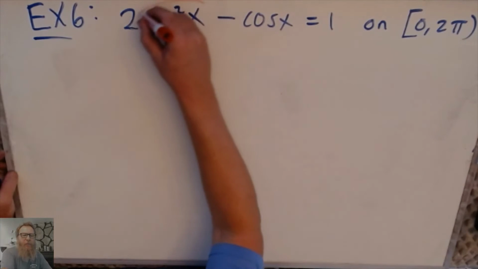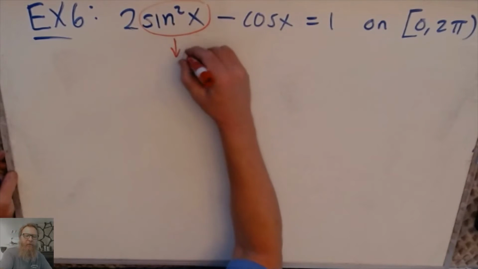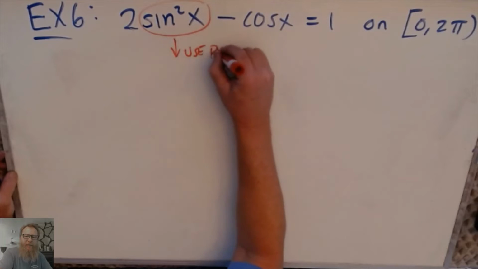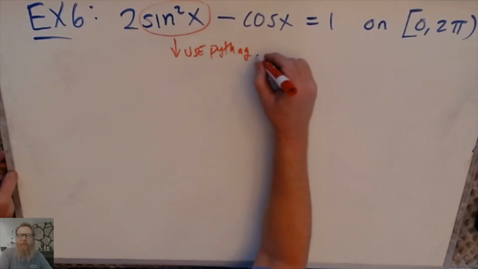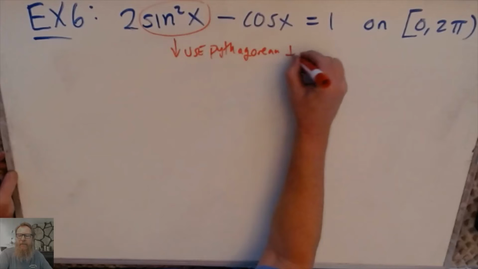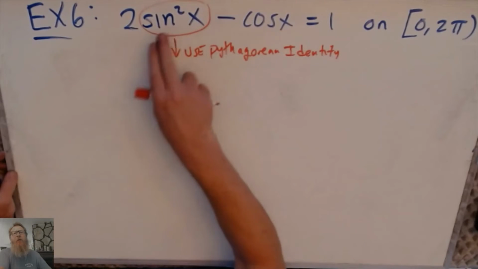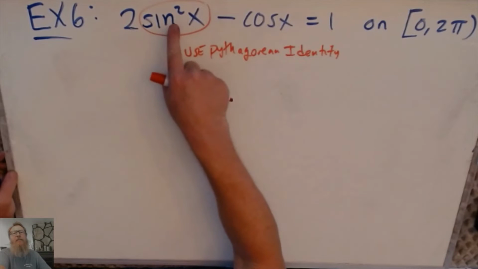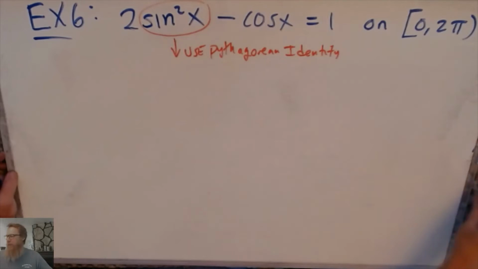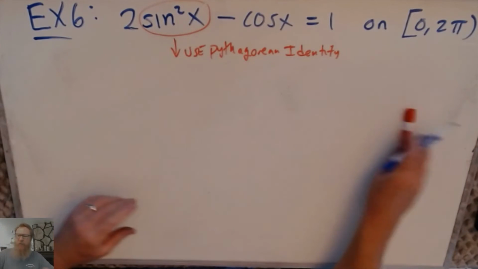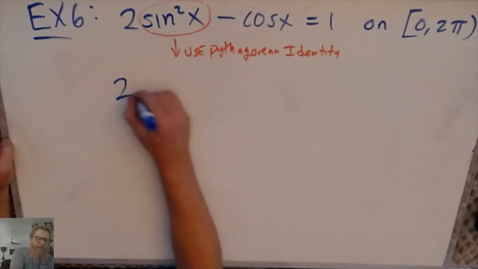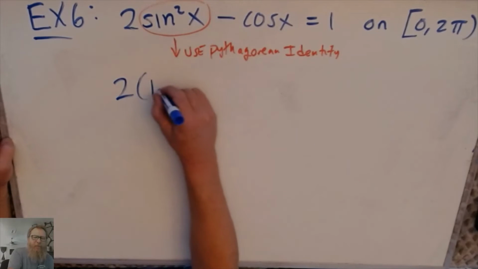The first thing you want to do is use a Pythagorean identity to get rid of one of the trig functions. I typically go with the one that has a square. It's easier to rewrite it than it is to rewrite the non-squared term. Plus, you've probably memorized this since going back to 7.1.